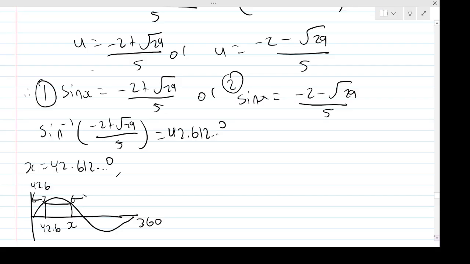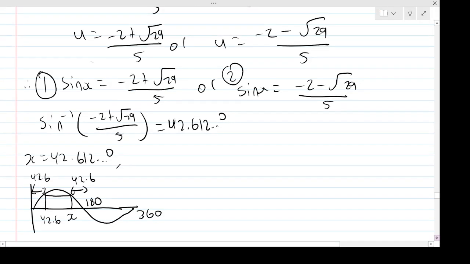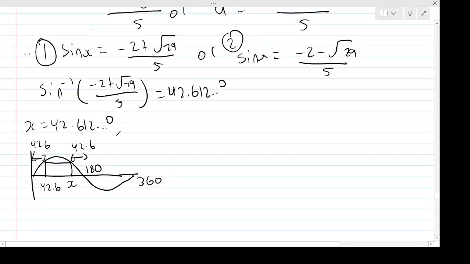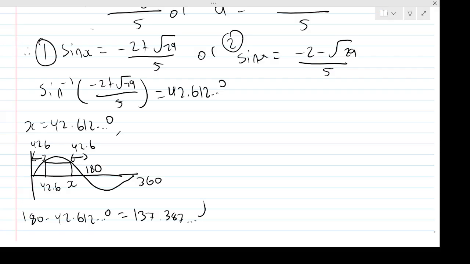That's going to be the same gap between the other end of the curve at 180 and the next solution, which is 42.6. Therefore, to get the next solution, I need to subtract this 42.6 from 180. So 180 take away this 42.612 gets me the next solution of 137.387.